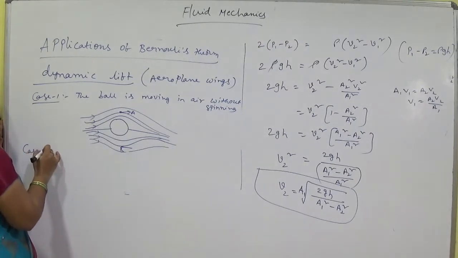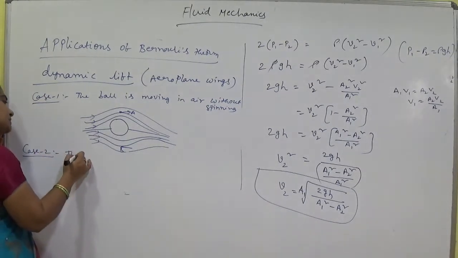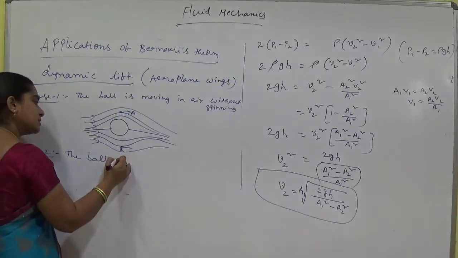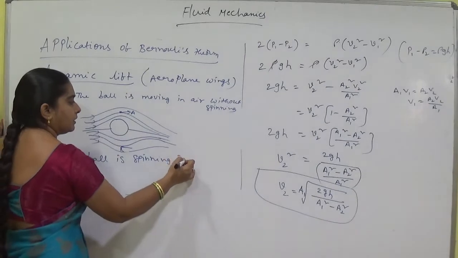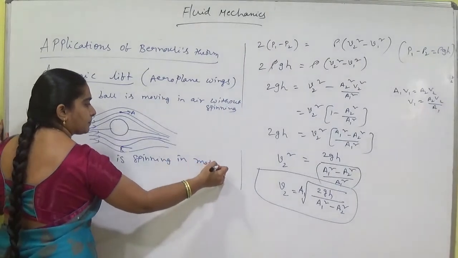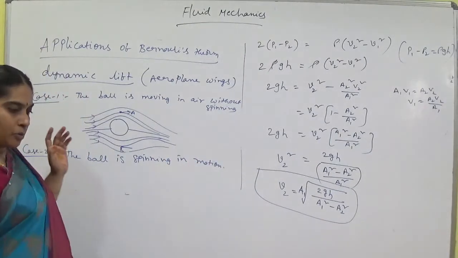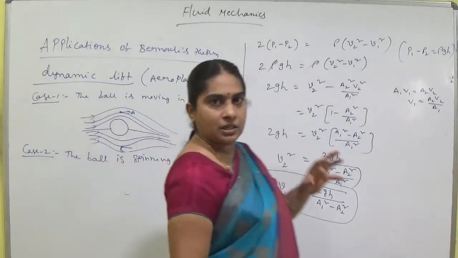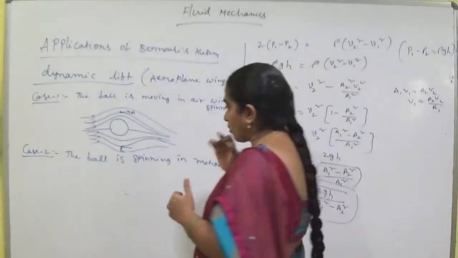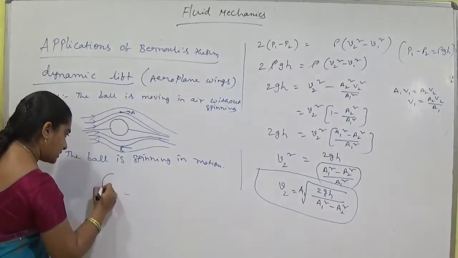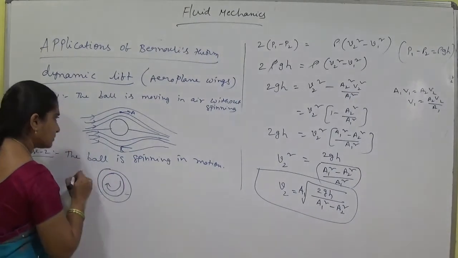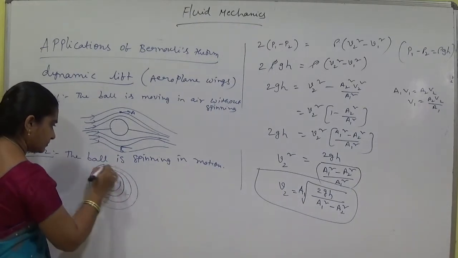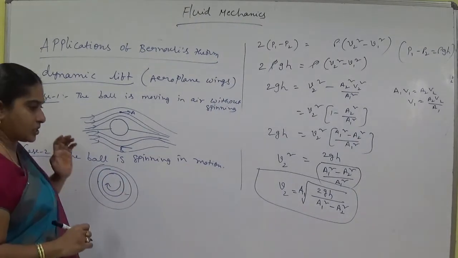But in another case, the ball is spinning in motion. What happens? It spins about an axis perpendicular to the plane of the motion. Suppose the ball is spinning in the anti-clockwise direction.